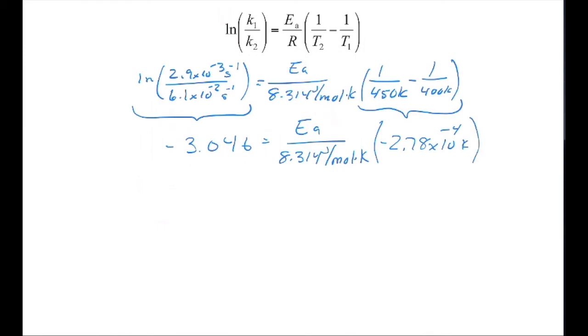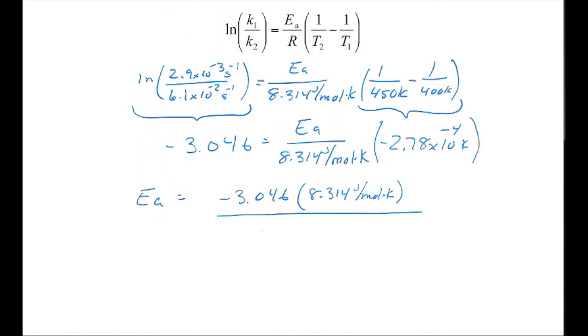Okay, now if I just rearrange the equation, EA is going to equal minus 3.046 multiplied by 8.314 joules per mole Kelvin divided by minus 2.78 times 10 to the minus 4 Kelvin. And Kelvins are going to cancel out. We're going to be left with joules per mole.